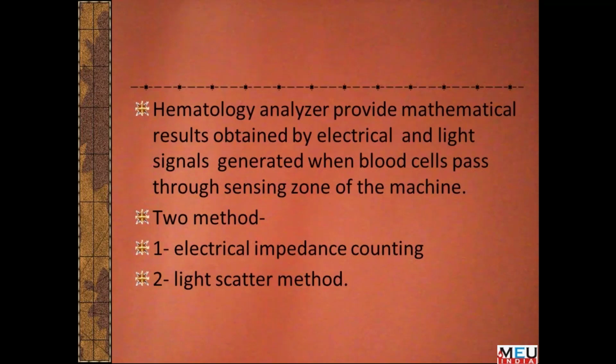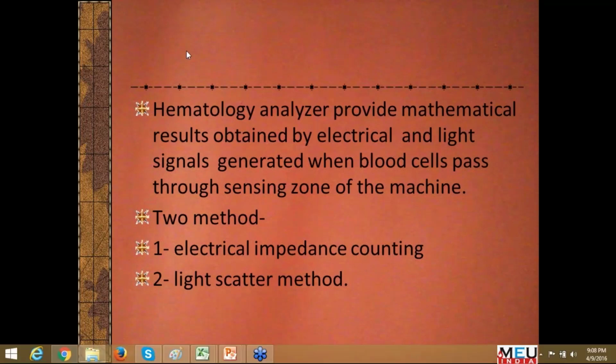Now, what happens is that there is a small aperture through which the cell passes, and each cell has a certain resistance. This electrical resistance is according to Ohm's law, E is equal to IR, and this resistance produces an oscillation in the galvanometer.